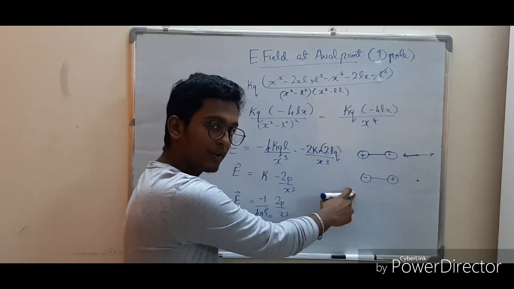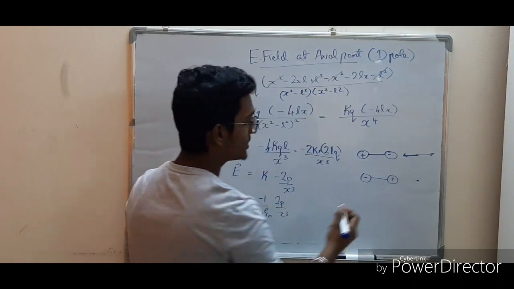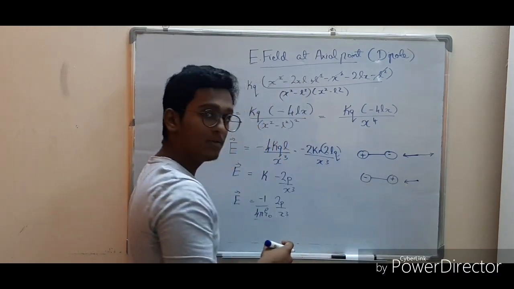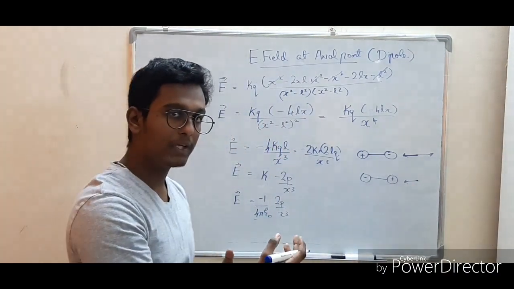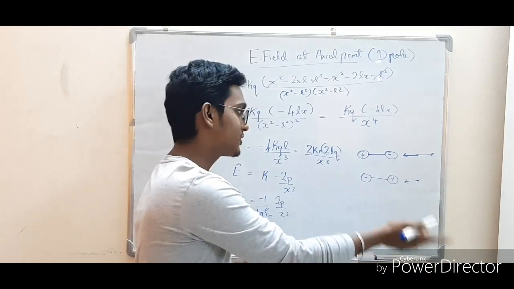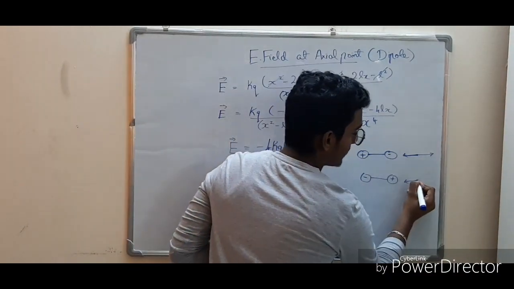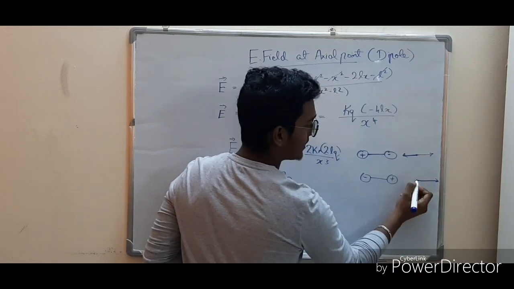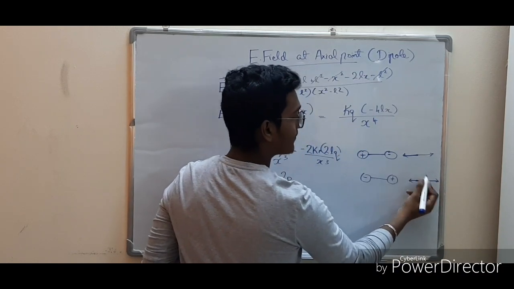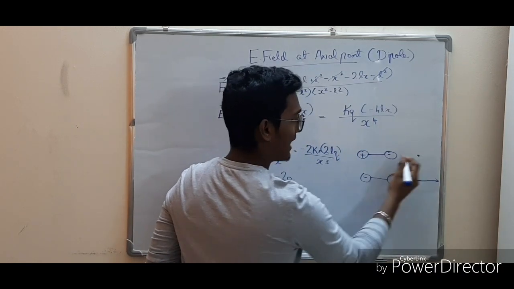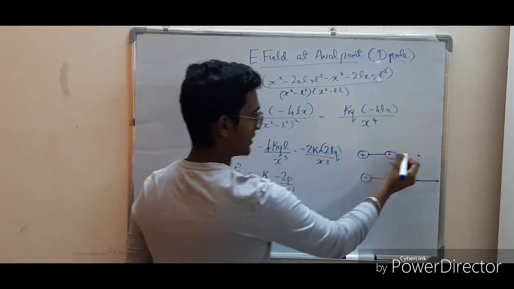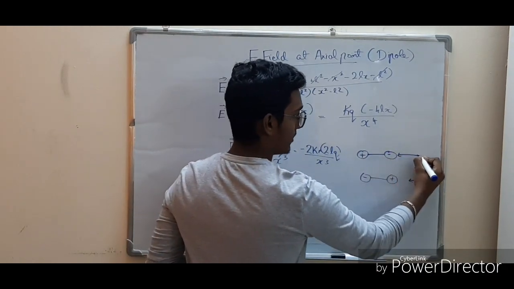The negative charge is going to influence by pulling it towards it. But the positive charge, being closer to the point P, can exert a push much stronger than how much the negative can pull. So the magnitude of the push is going to be greater than the magnitude of the pull. And over here is the opposite way. The magnitude of the pull is going to be greater than the magnitude of the push.